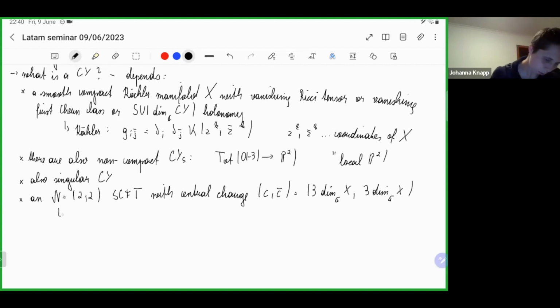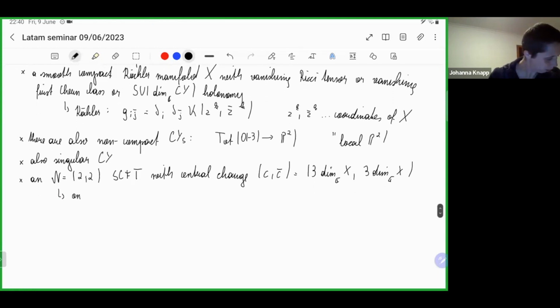The point I want to make is that, at least from a physics perspective, and we will see this in the GLSM, one can call things Calabi-Yaus that are not necessarily geometric.